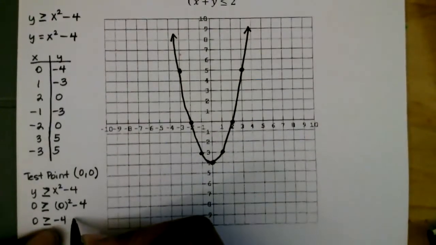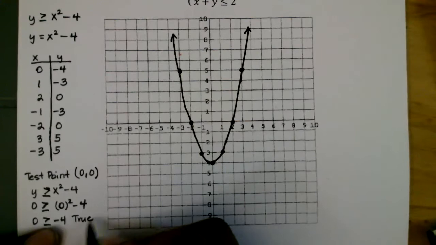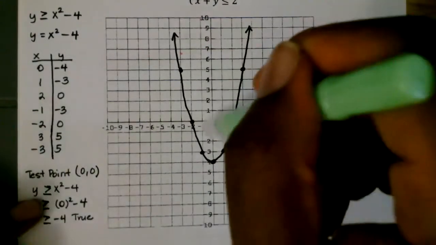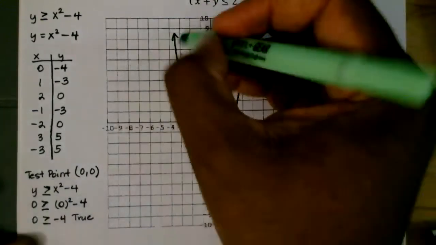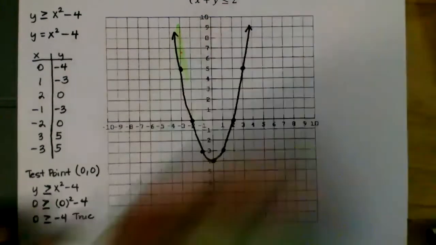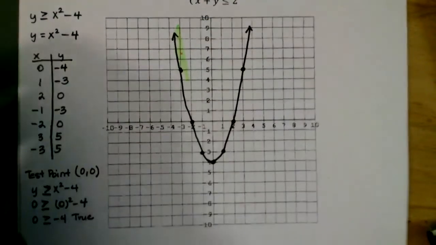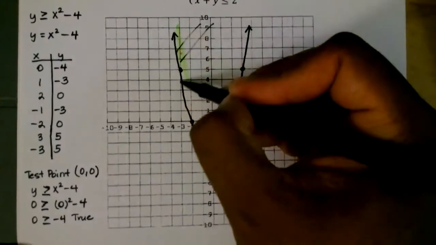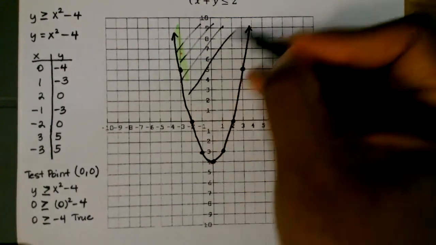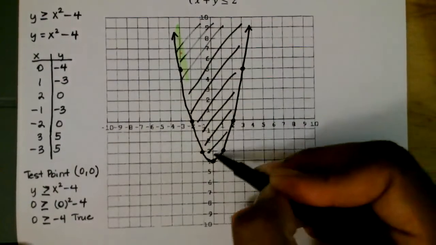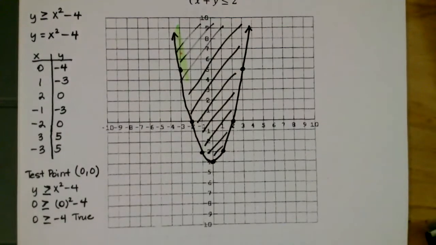And 0 is greater than negative 4, so that's true. So we're going to shade this area that contains that test point, which is the origin, 0, 0. So it's this part that we're going to shade.